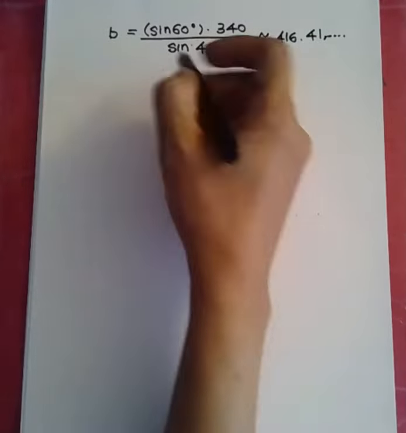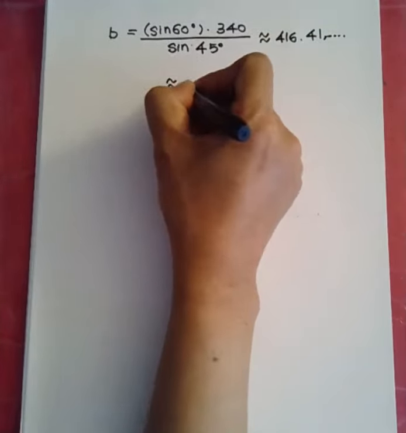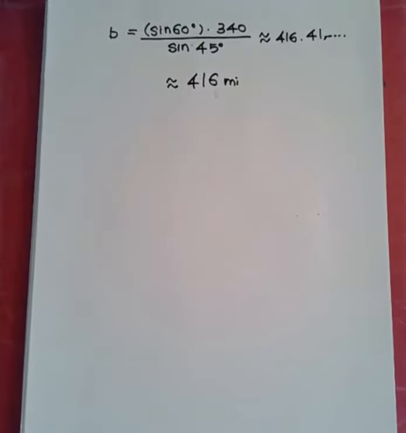We have to round to the natural number, and this is less than 5, so the final answer is 416 miles, meaning the distance between Los Angeles and the satellite is 416 miles.